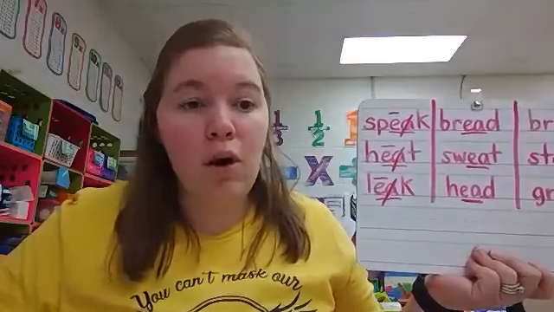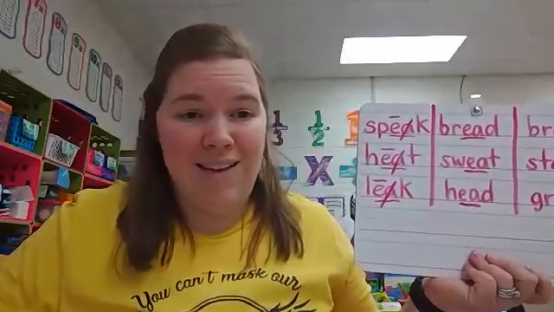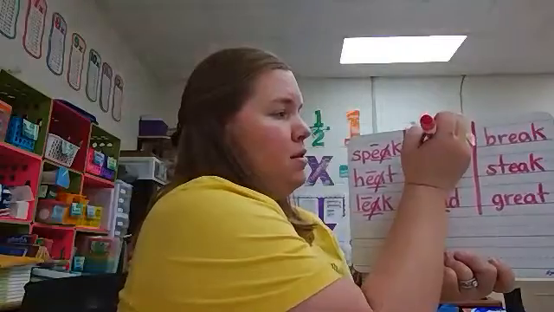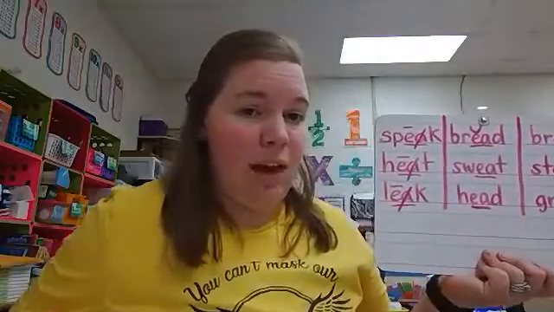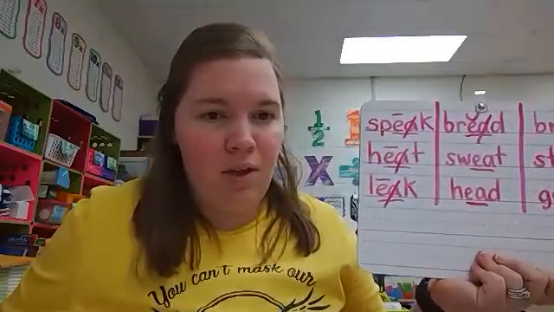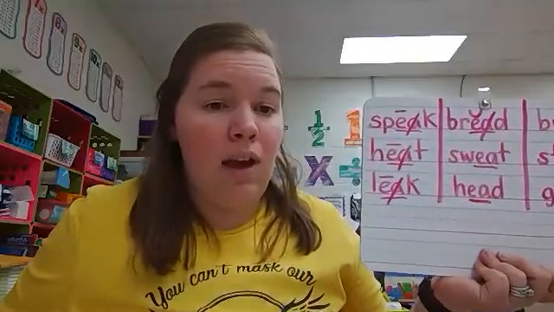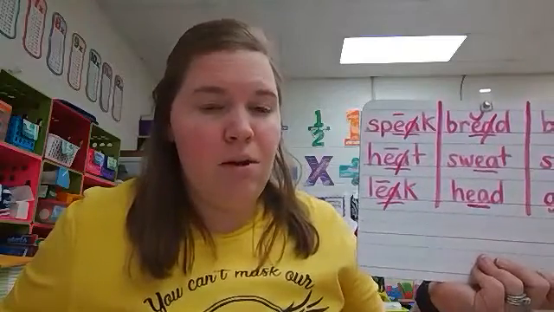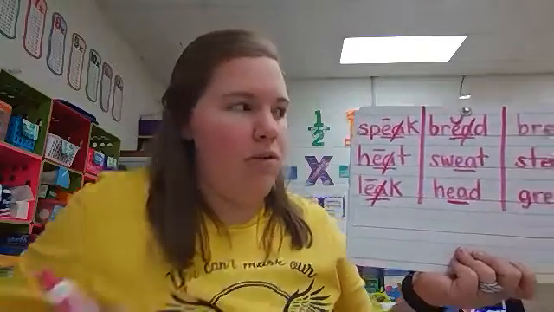We have the short sound, which is eh. So we're going to put a breve over the E so that it says eh, and we still do not hear the A. So when digraph EA is saying eh, we'll underline it, put a breve above the E, cross out the A.